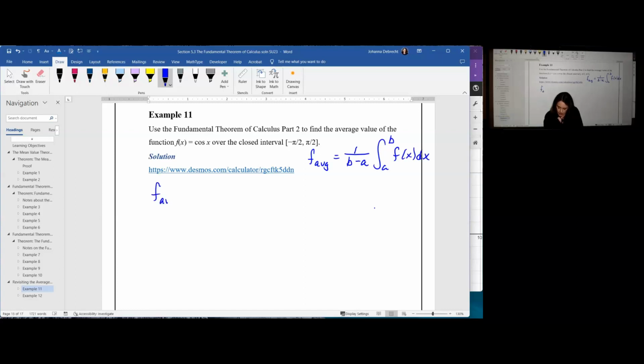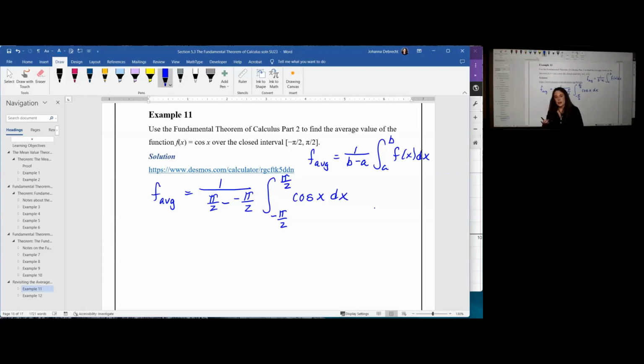That means that our average value is going to be 1 over pi over 2, our b, minus a negative pi over 2. The double negative will give us a positive, so we'll get 2 pi over 2, which becomes 1 over pi. And we want to multiply by the integral from negative pi over 2 to pi over 2. Our function is cosine of x, and we're integrating with respect to x.